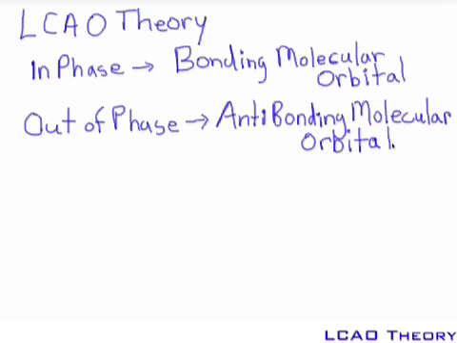Okay, let's consider hydrogen. Hydrogen is an atom with one electron. So two hydrogens can come together, and hydrogen has one electron in a 1s.